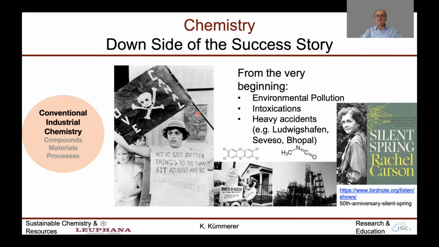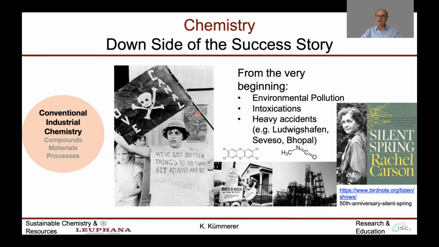There has been environmental pollution. For example, if you go into historical sources, then you will find that the Wupper, a river in Elberfeld, where Bayer Farbenfabrik, a paint and color dye fabrication, was located, was for some long time even green or red or blue, depending on what has been produced.